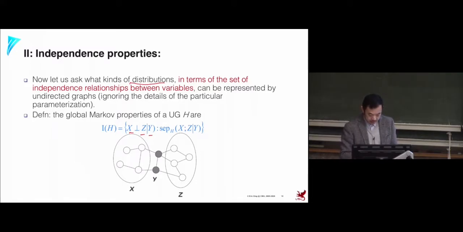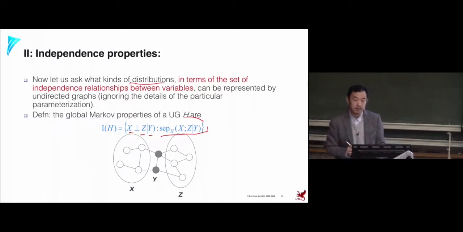In the following sense, we claim that X is independent of Z given Y. By the way, X, Y, Z now are generalized from a single random variable to variable sets, which includes single random variables. They are conditionally independent if they are graphically separated in the H graph. That is known as the global Markov property.